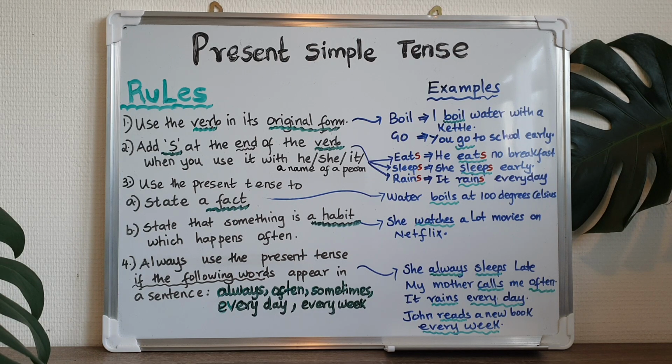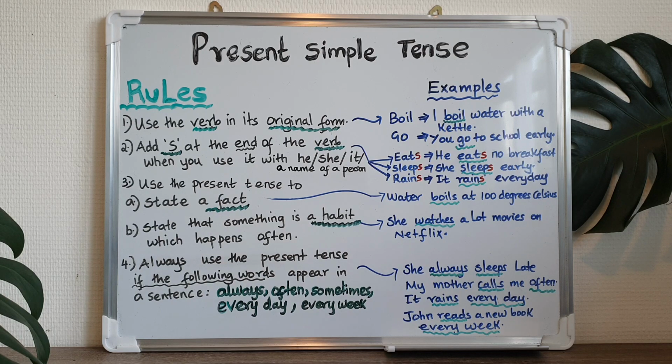Rule number 2. When you're using the present tense, you must add an S at the end of the verb when you use it with he, she, it, or a name of a person.